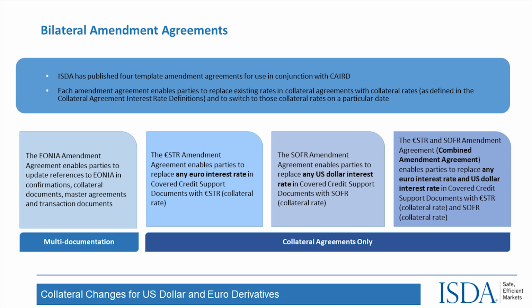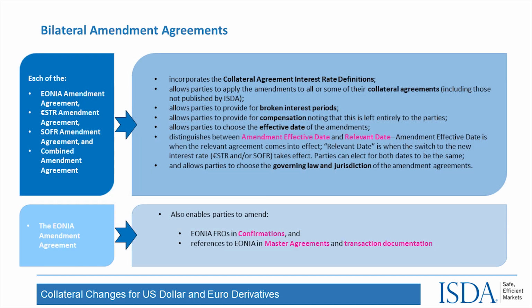So that template is obviously going to be useful where parties have credit support annexes, which provide for both euro and US dollar cash collateral.